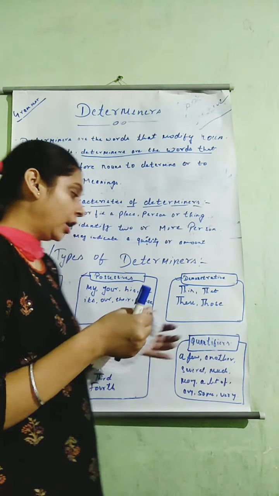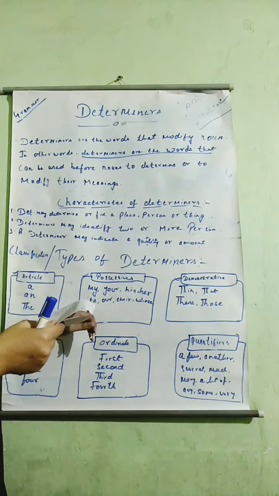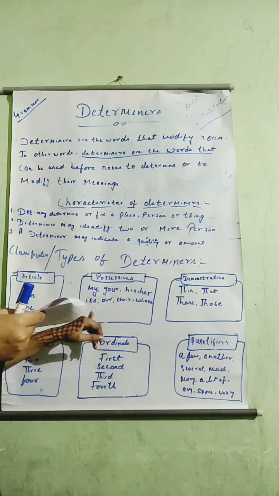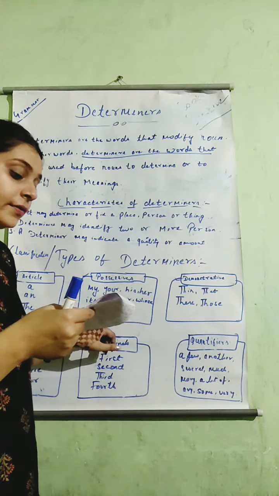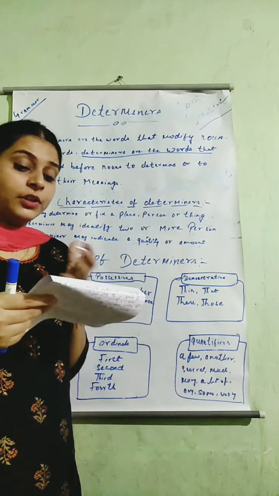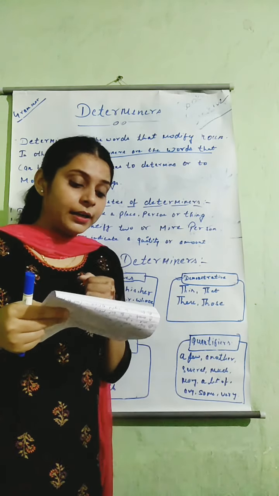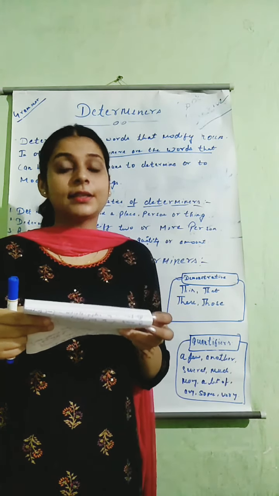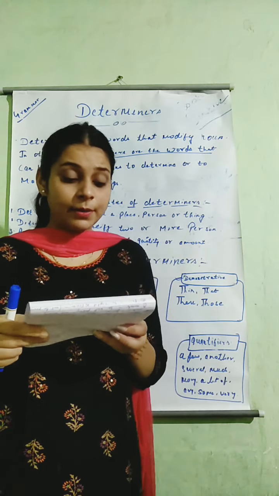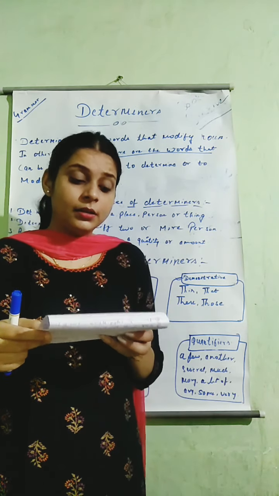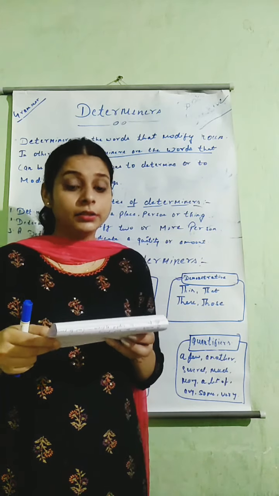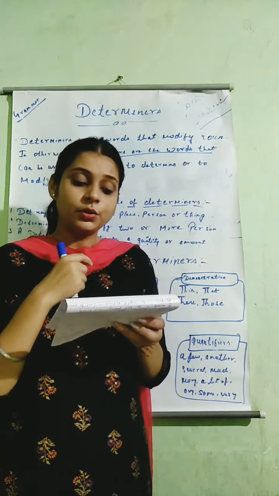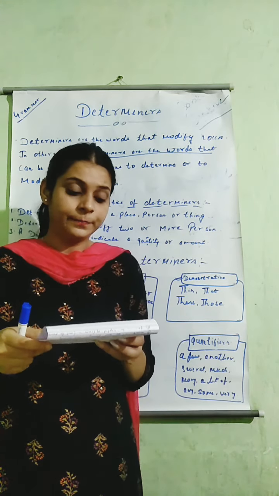Now we will talk about possessives here: determiners and the kinds of nouns in which they are used. A, each, everyone, another, either are used with singular countable nouns. You must remember that a, an, each, everyone, another, and either are used with singular countable nouns.